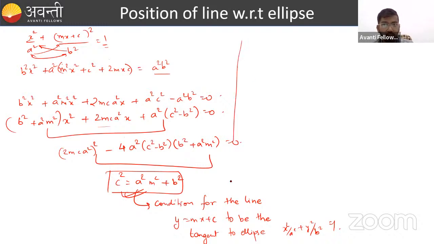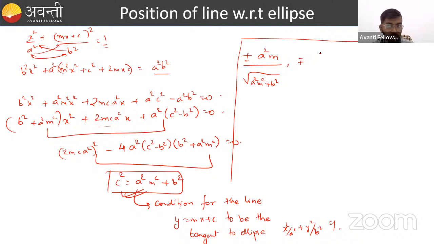Also you can remember the point of contact. The point of contact will be plus minus a square m upon under root of a square m square plus b square, comma minus plus b square upon under root of a square m square plus b square.